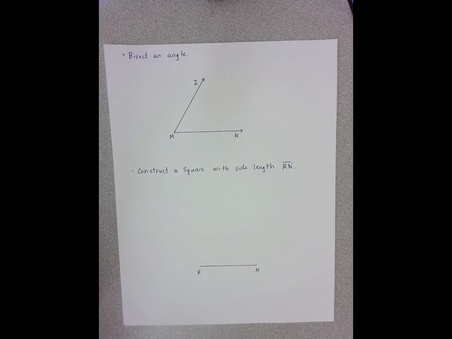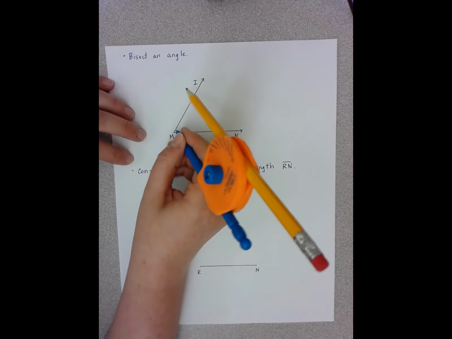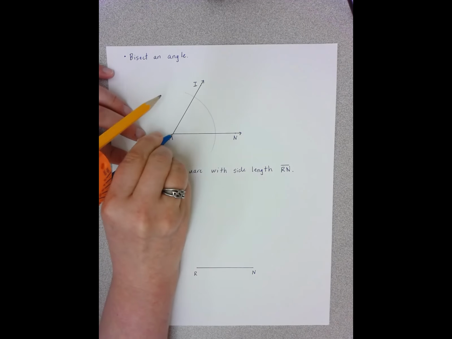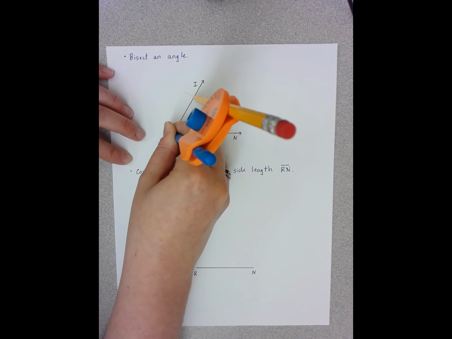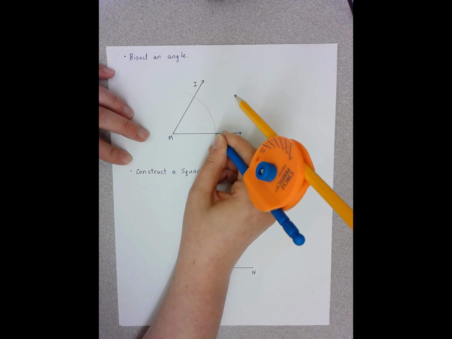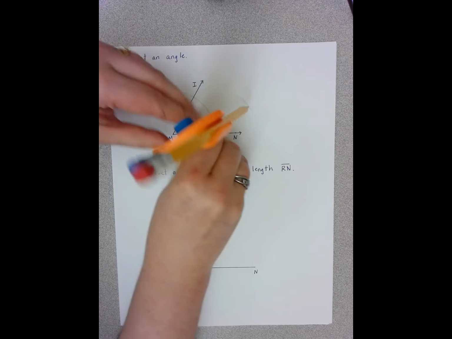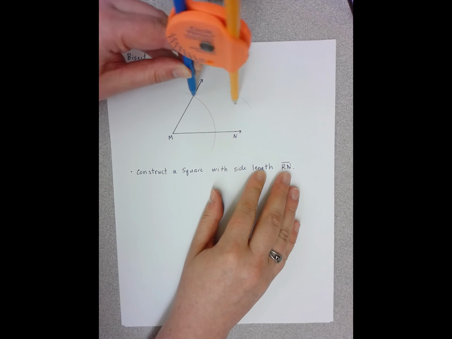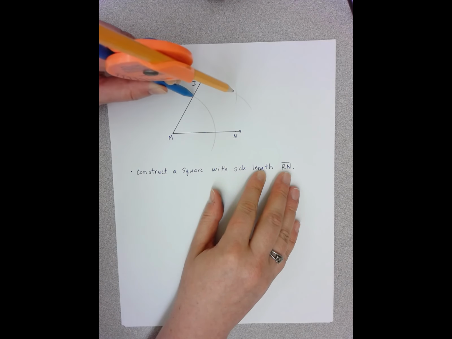I'm not told, however, a particular length for my rhombus. So I am going to decide for myself. There's my length for my rhombus. There's one side of my rhombus. There's the second side of my rhombus. Now I have to come out here and get that third and fourth length of my rhombus.